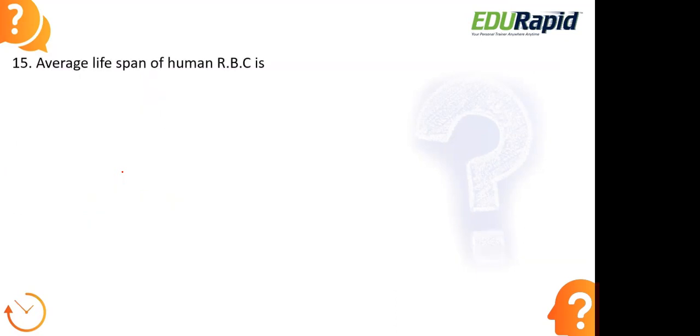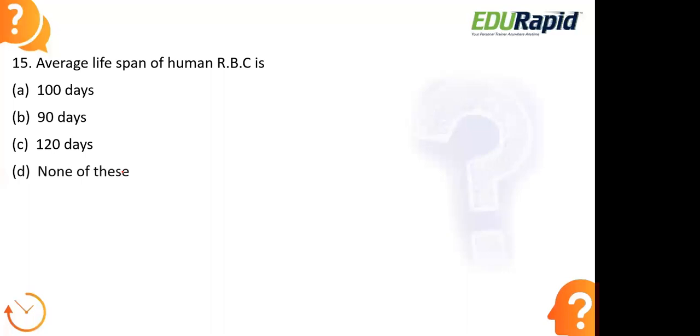Average lifespan of human RBC is 100 days, 90 days, 120 days, none of these. Okay, let us look at the right answer.